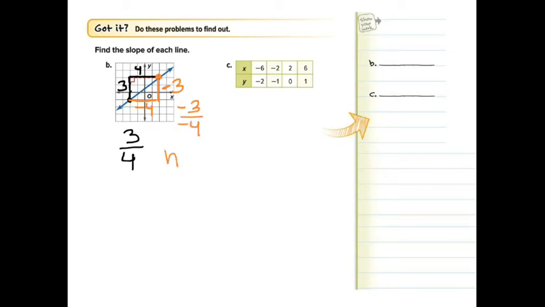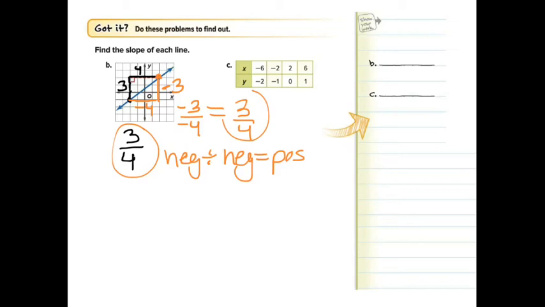What's a negative divided by negative? It equals a positive. So this would actually simplify to 3/4. Same exact slope. Keep that in mind. Okay? Doesn't matter which direction you go in, as long as you rise first and run second, you're good. Okay, I would definitely make sure on B you include each of these 2 examples.